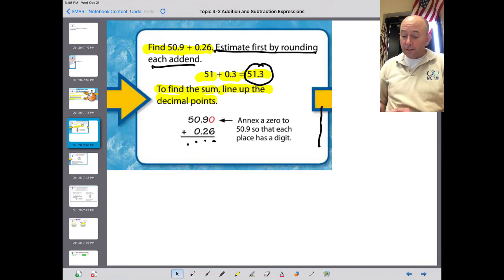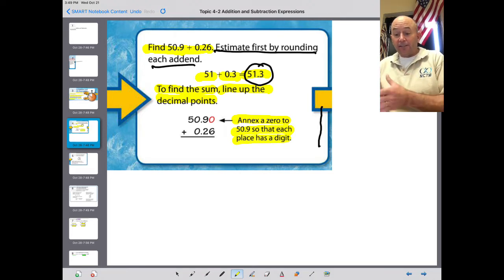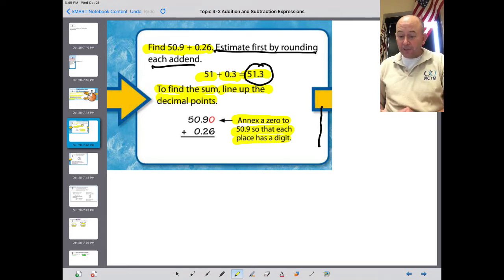It's really important that you do that. Notice also how they say to annex a 0 to 50 and 9/10 so that each place has a digit. That's simply so that you keep track of what you're doing, and that becomes very important when you're doing subtraction with decimals.